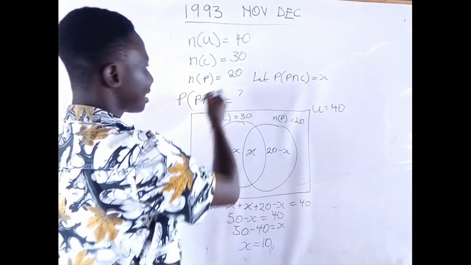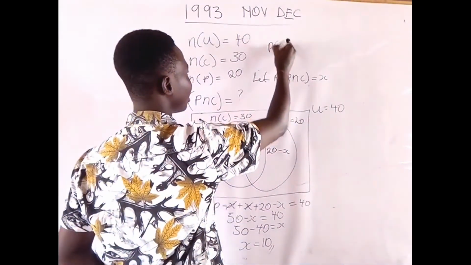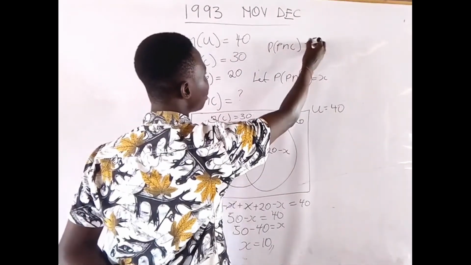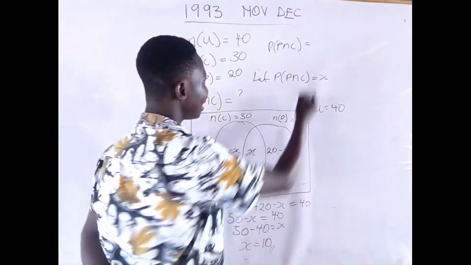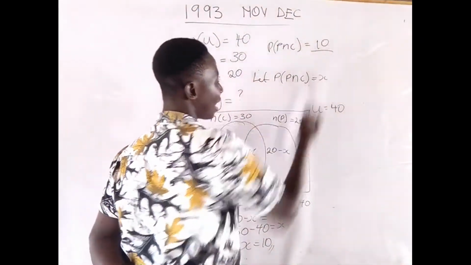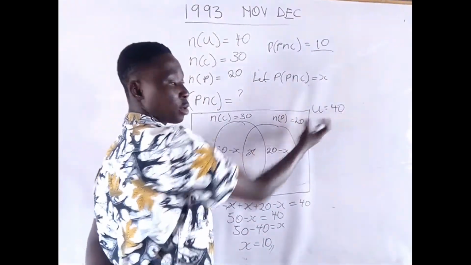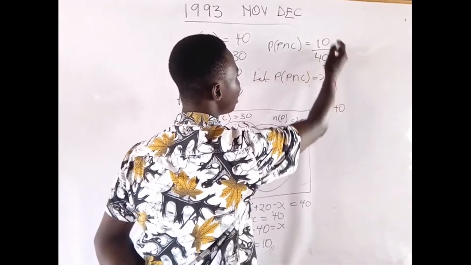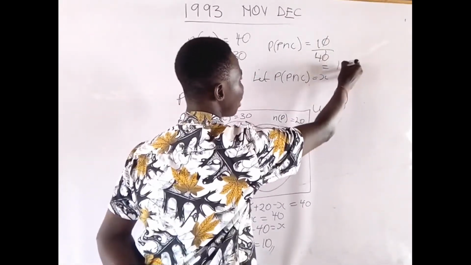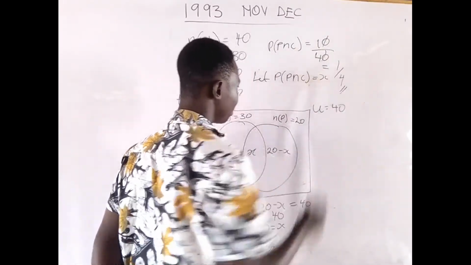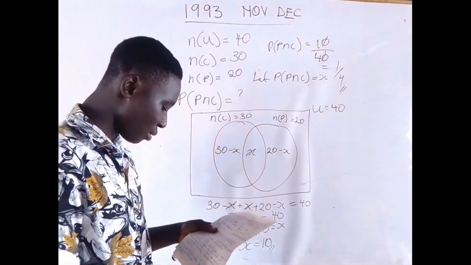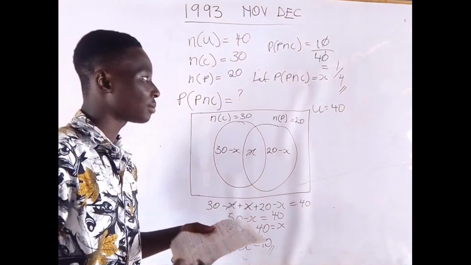So the probability of those that read physics and chemistry is equal to this 10 over the total number of students, which is 40. Let's cancel this, we are going to get 1 over 4. 1 over 4 is the answer for question number 14.